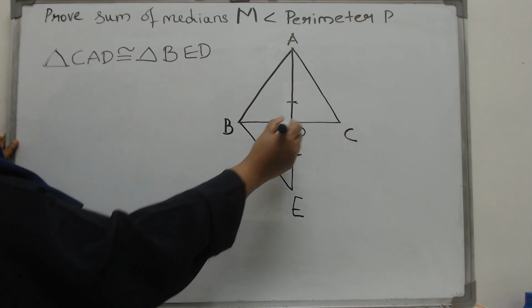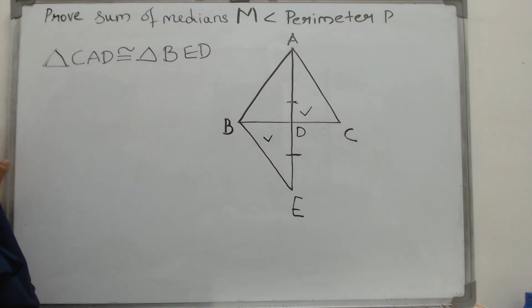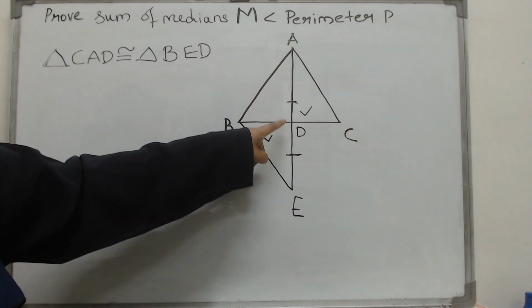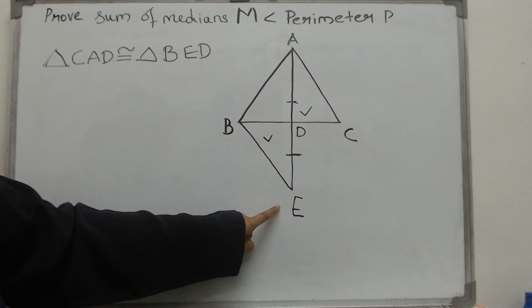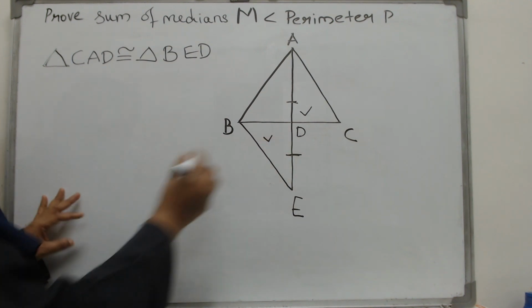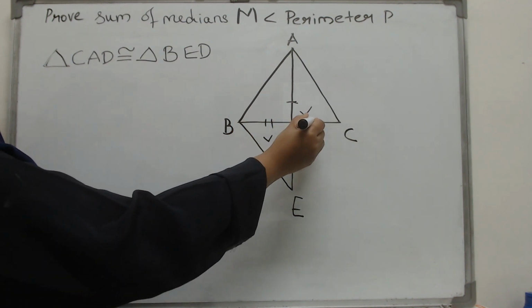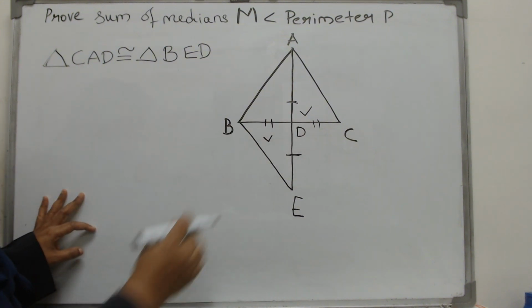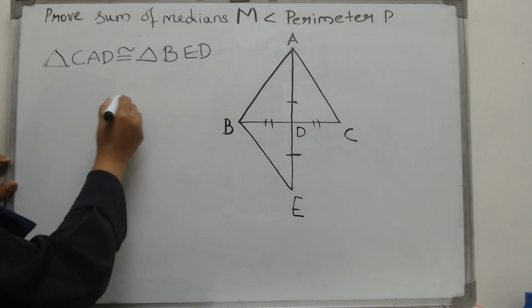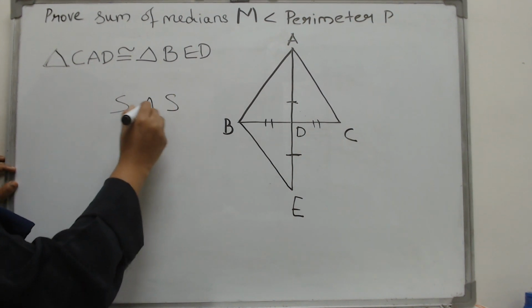We can prove that these two triangles are congruent. How are we going to prove that? The way we have constructed, we can see that AD and DE are equal. And what is D? D is the midpoint of BC, which means what? BD and DC are of equal measure. And the third one, which criterion are we using? We are using this one, SAS.